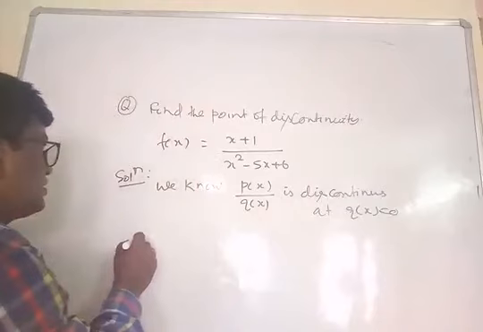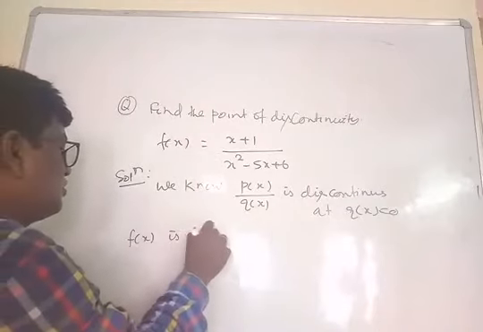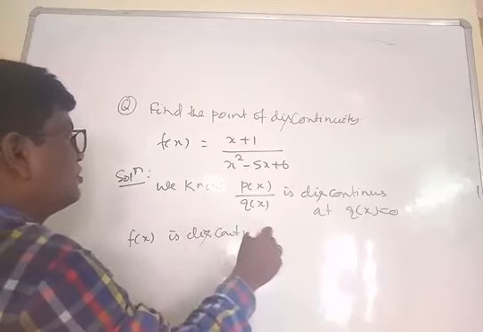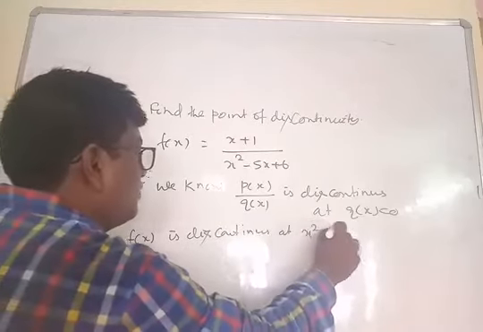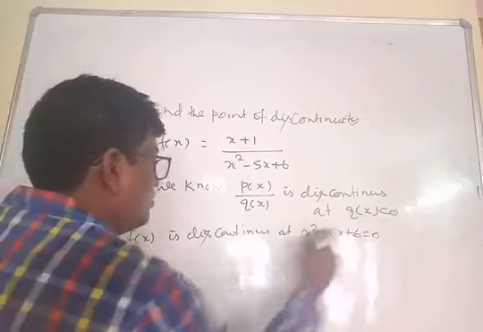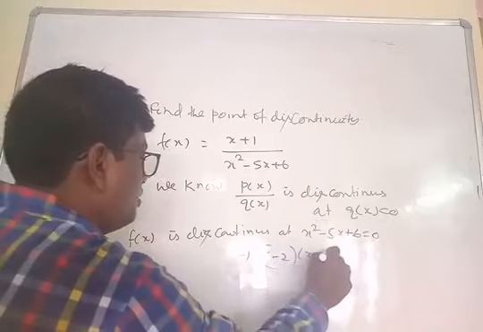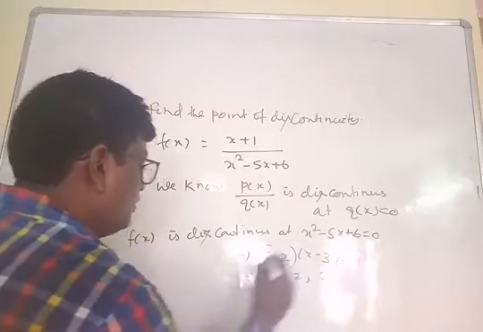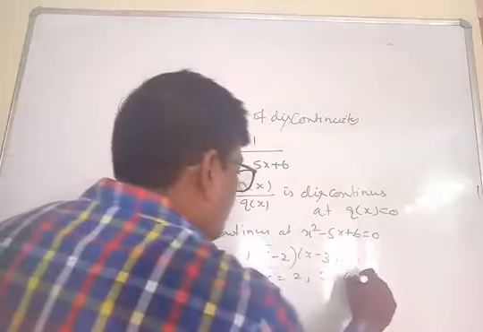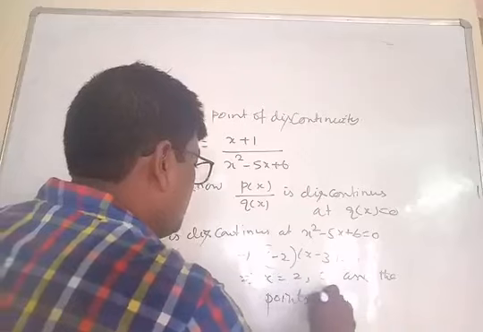So f of x is discontinuous at x square minus 5x plus 6 is equal to 0. That implies x minus 2 into x minus 3 is equal to 0, and x is equal to 2, 3 are the points of discontinuity.